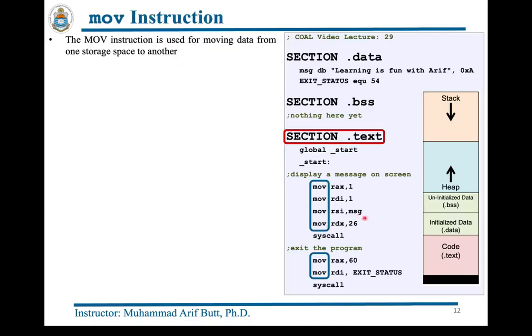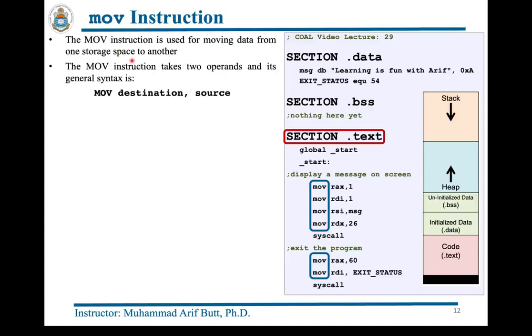Okay, now let's talk about the move instruction. These are the move instructions which we have used in our assembly program, and these move instructions are used for moving data from one storage space to another. The general format of a move instruction is shown over here. It takes two operands, move destination comma source.